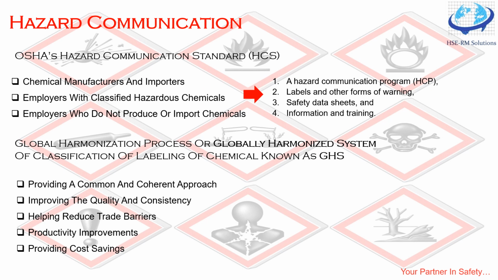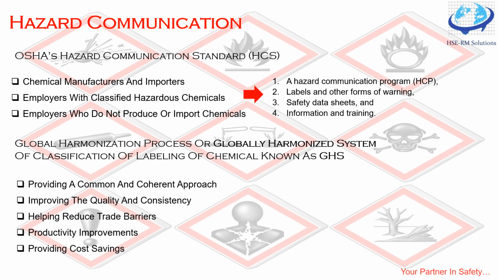caused by accidental exposures. Now, OSHA's Hazard Communication Standard, HCS, requires employers and manufacturers to develop and distribute chemical information as described. First, chemical manufacturers and importers must classify the hazards of the chemicals they produce or import and prepare labels and safety data sheets to convey the hazard information to their downstream customers.